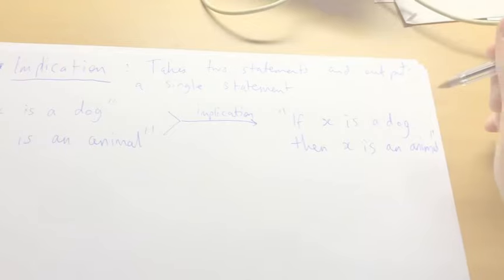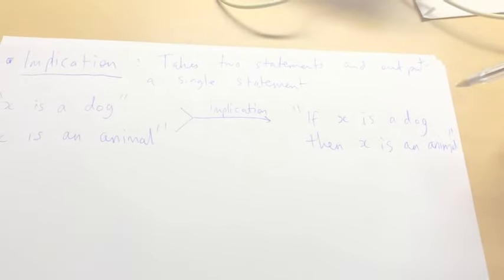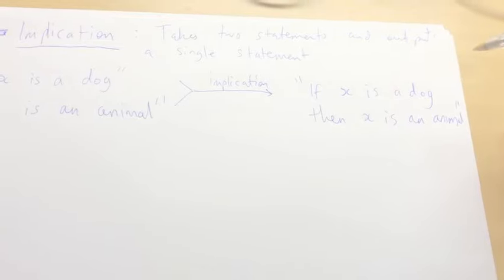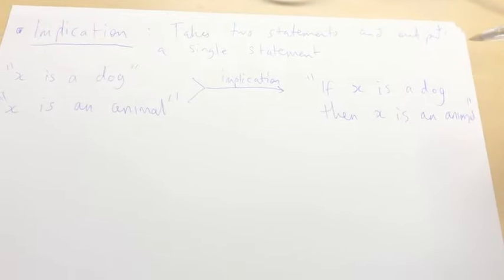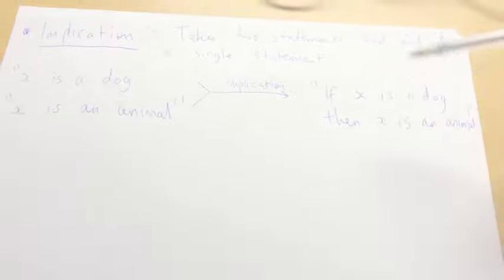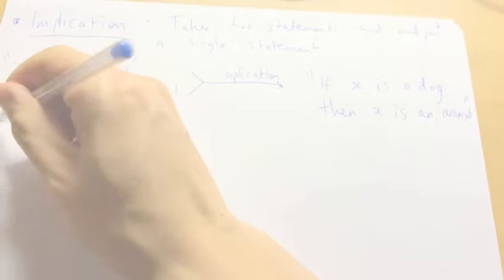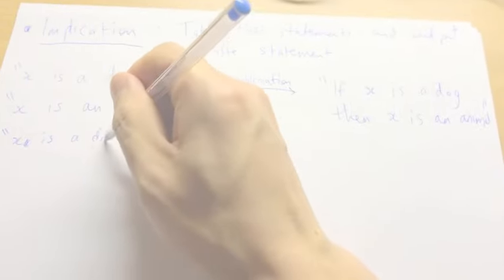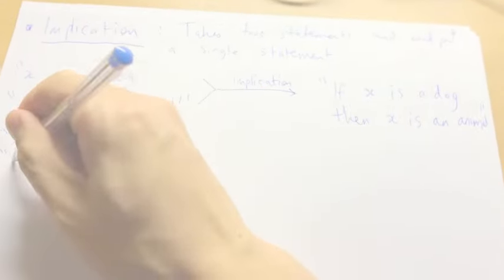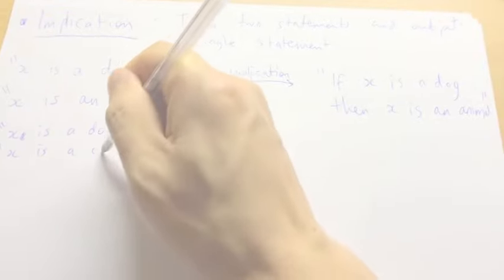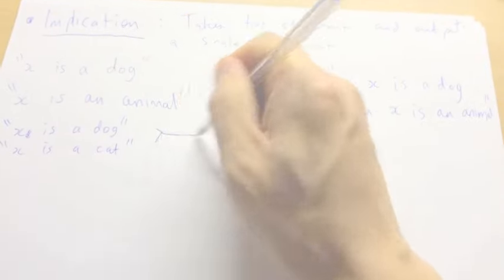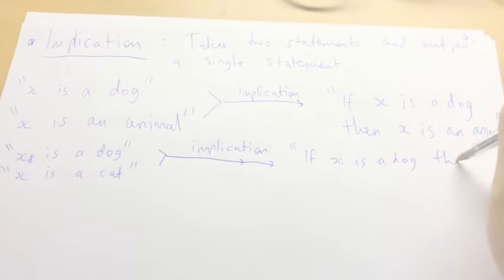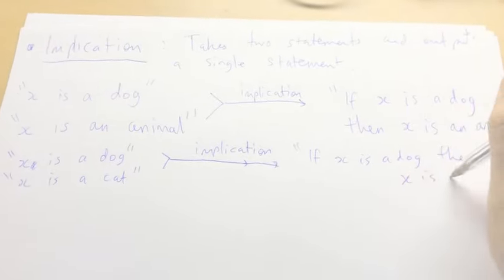So this is starting to be one of the more complicated ways to create a logical statement. And this seems like it's a true statement, but there's no need for it to be true. It could be like X is a dog, X is a cat, and together, if X is a dog, then X is a cat.